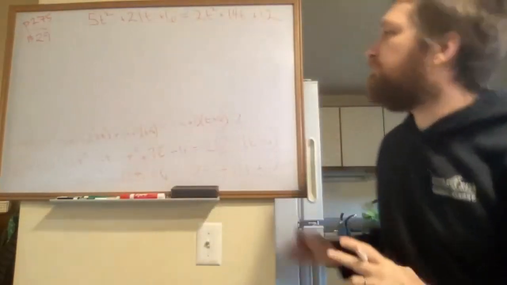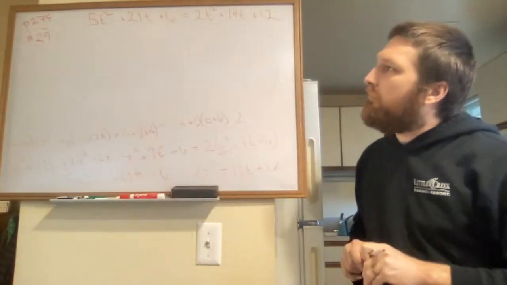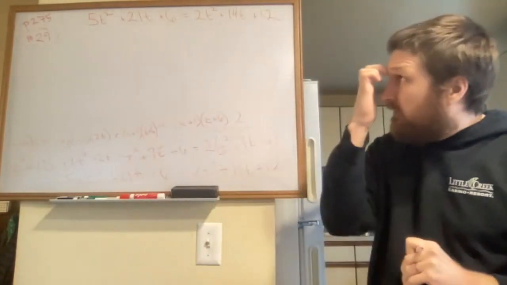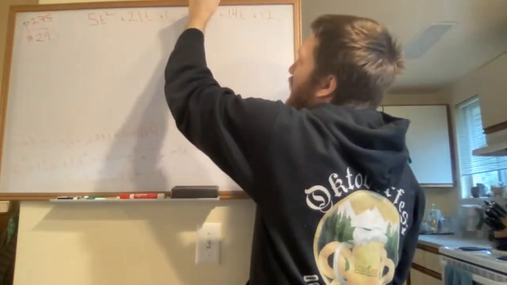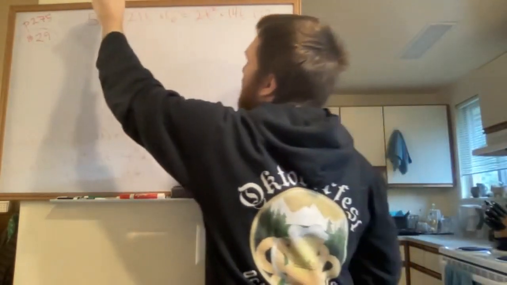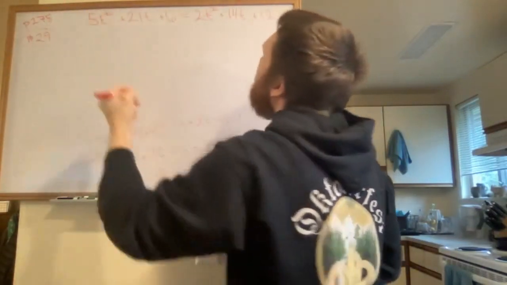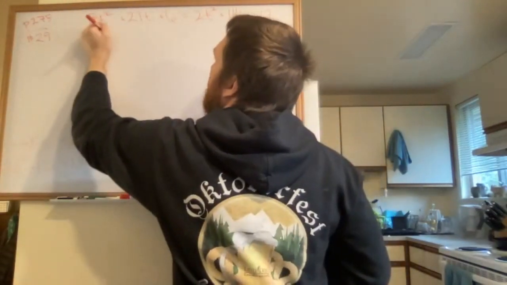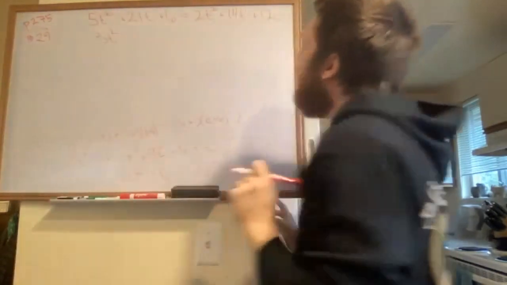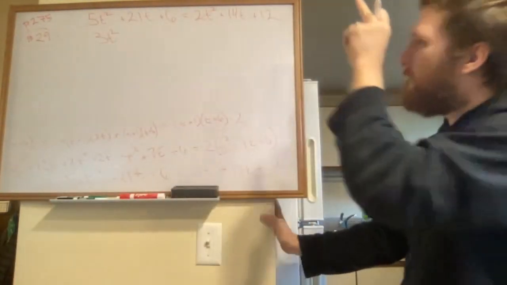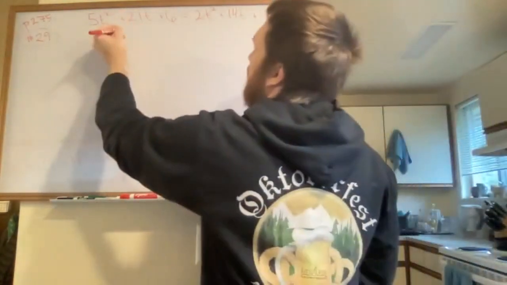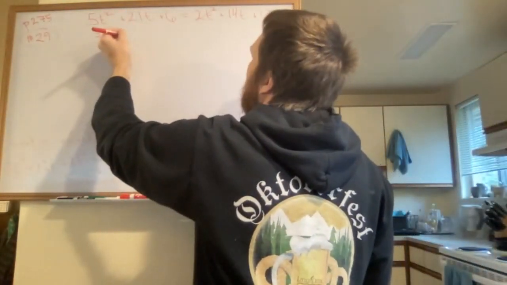Now what do you want to do? I think you should subtract 2t squared from both sides. I like that. And what does that give me on the left-hand side? 3t squared. Now what do you want to do? Subtract 14t from both sides. Yep. And what's left over?